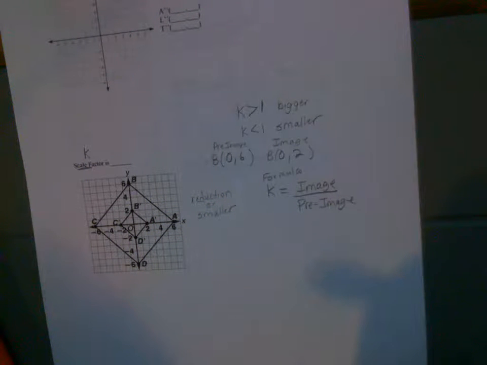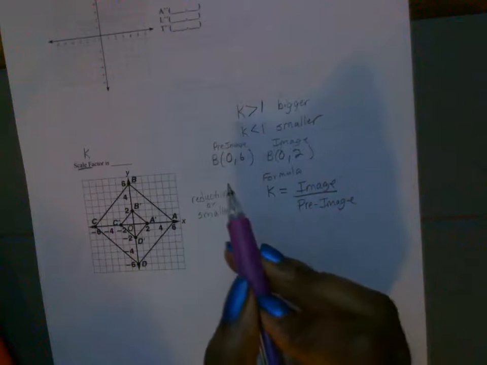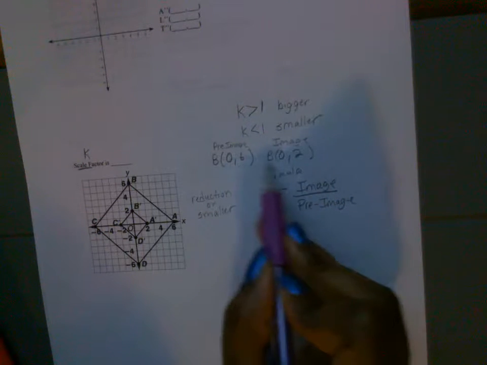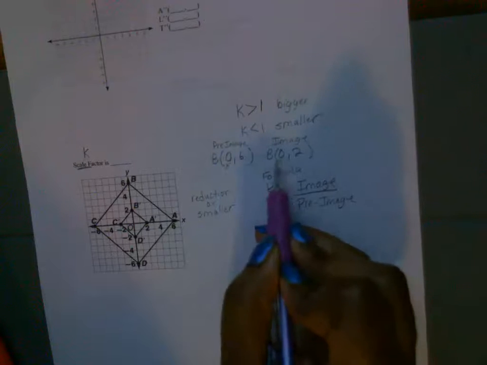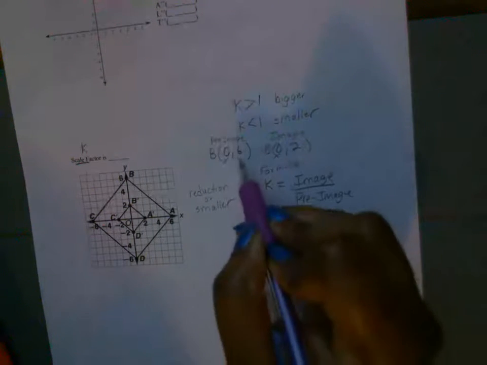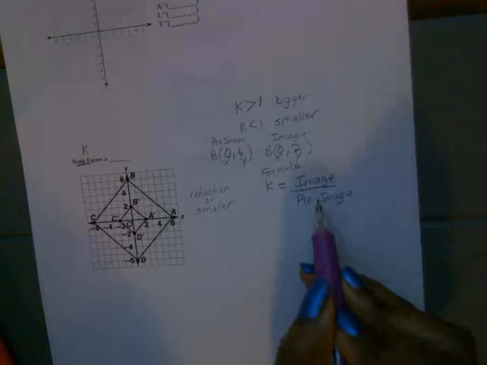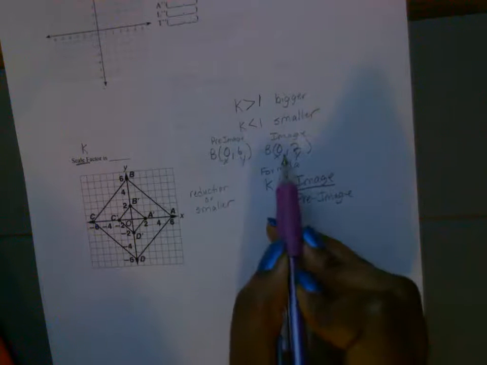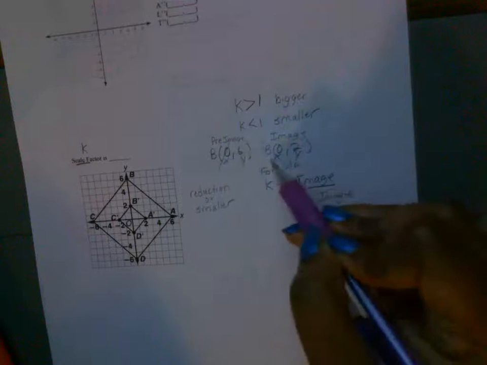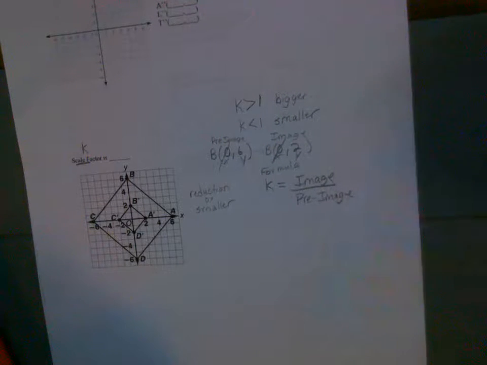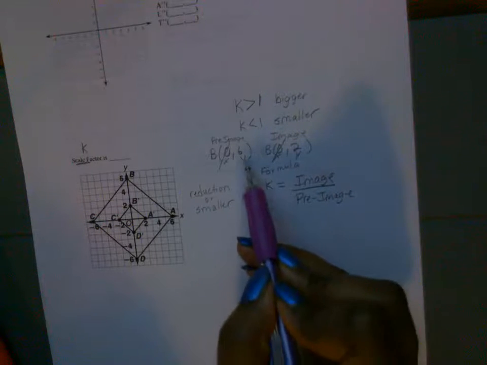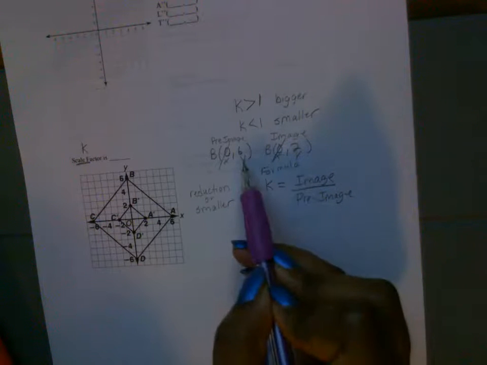You can choose X or Y to fill in numbers here, but you can't use 0. So we can't use the X's for this example because 0 is not going to tell us how much bigger or smaller. So we have to use the Y's. We have to use 6 and 2.